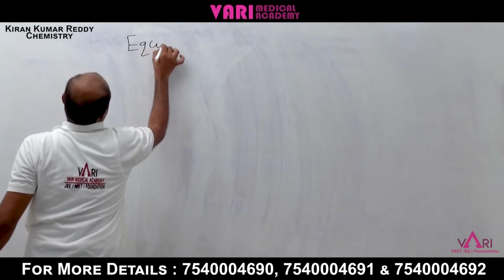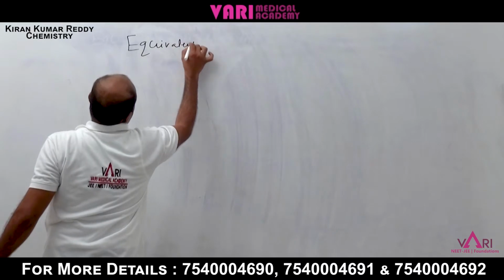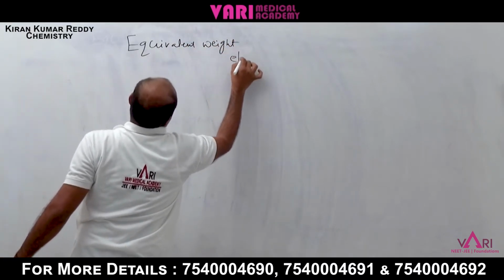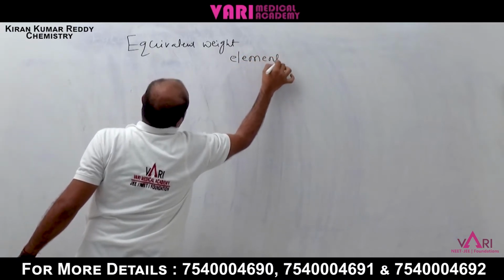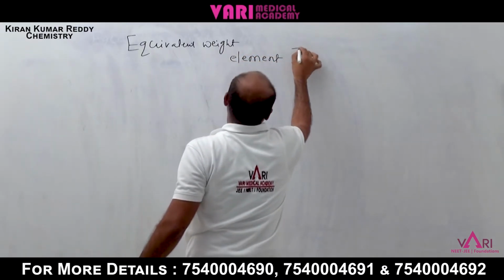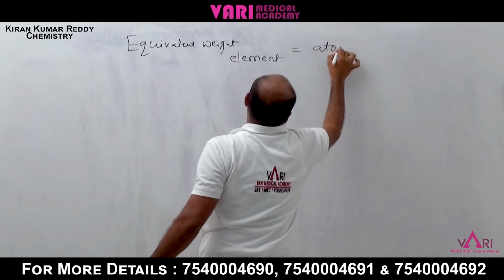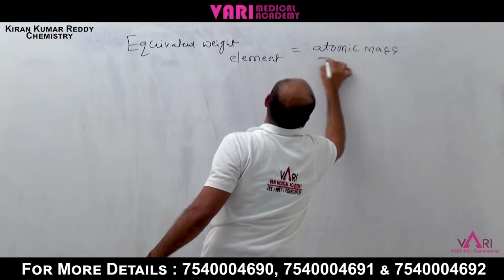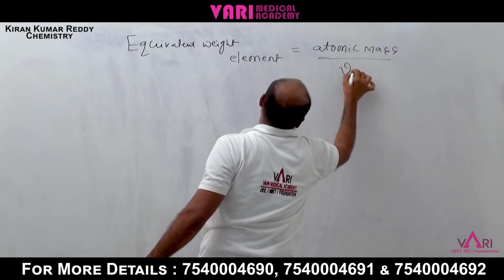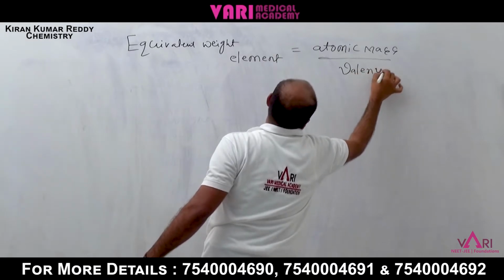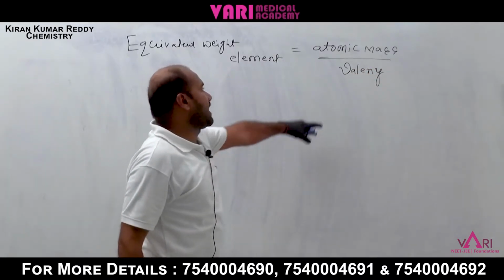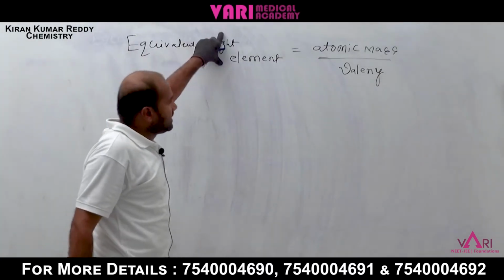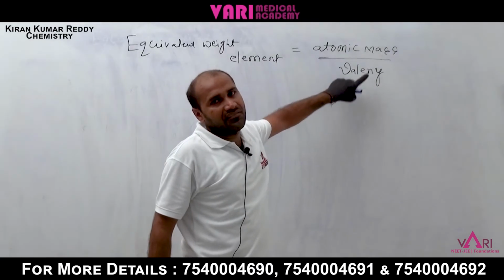Equivalent weight or gram equivalent weight of the element is equal to atomic mass by X. In the case of an element, X means we are taking valency. Equivalent weight of element is equal to atomic mass by valency.